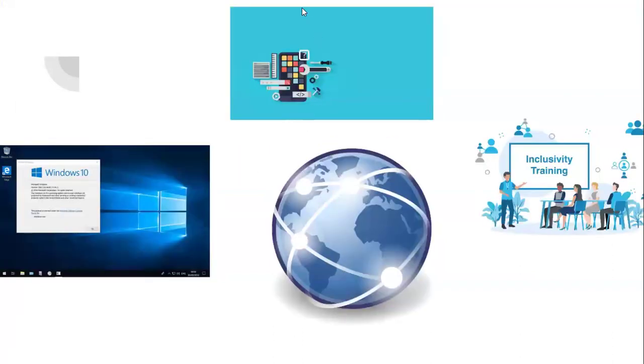Let's say this is one application. The application runs on the Windows operating system, the application depends on the internet, and this application is used by the employee. So these are the different relationships between this application and these different entities, or different CIs.